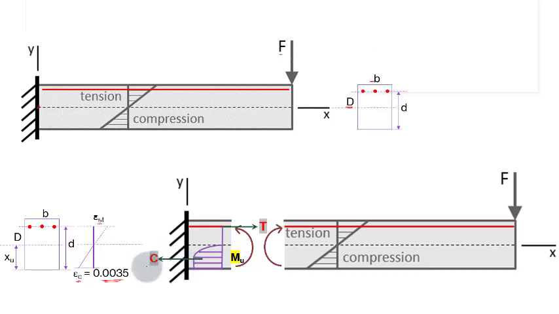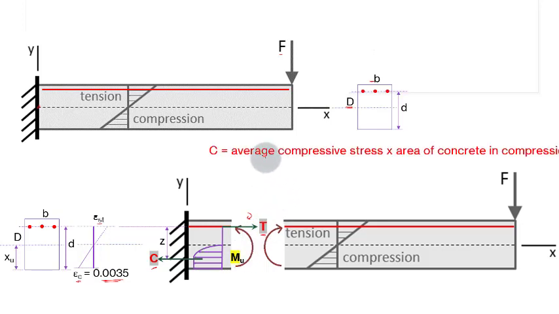As can be seen, C and T are forming a clockwise couple. The distance between these two forces is called the lever arm, let us denote this by Z. This clockwise couple is resisting the ultimate moment Mu due to load at this section.